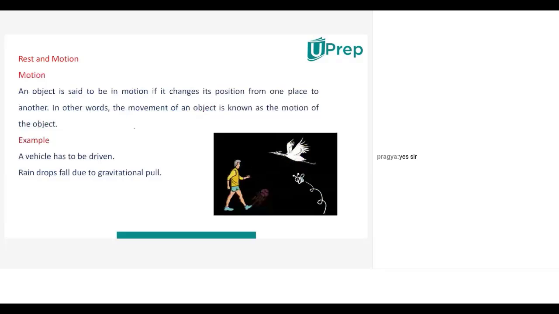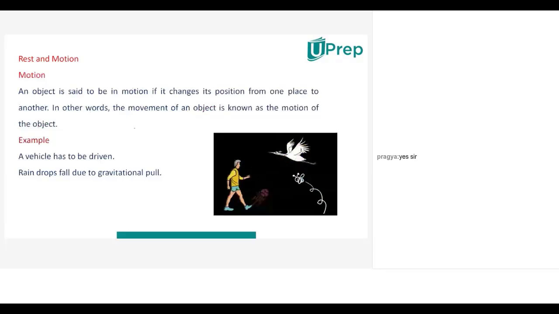And here you have to understand one point clearly, whether state of rest and motion are absolute or relative. Do you know what you mean by absolute? Sir, I don't know what absolute means. Absolute in English means completely. Like, it's absolutely correct. It's completely correct.